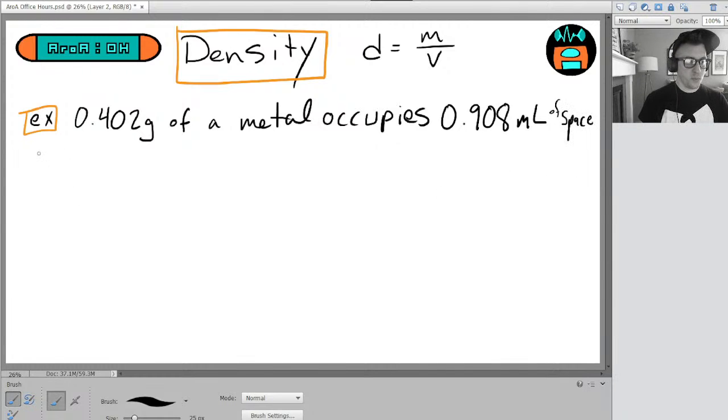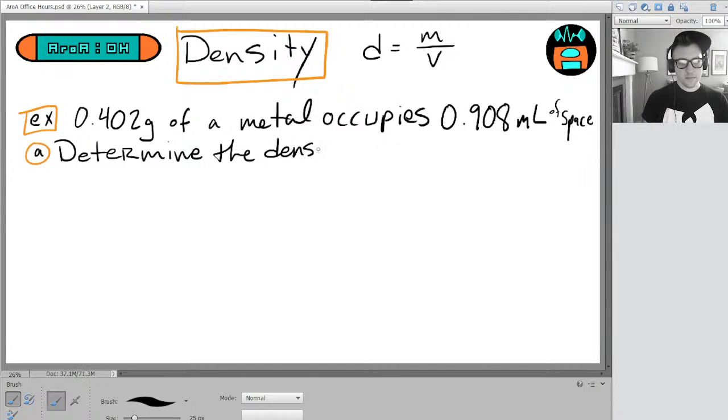And then there are two parts of this problem. Part A, determine the density of the metal.